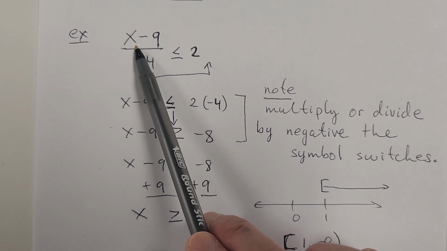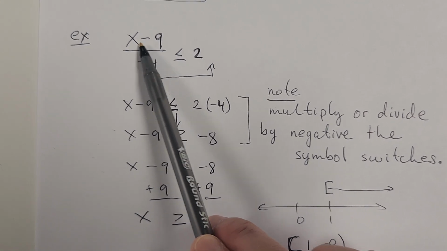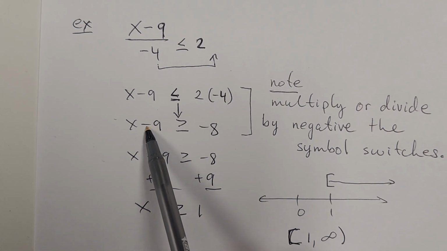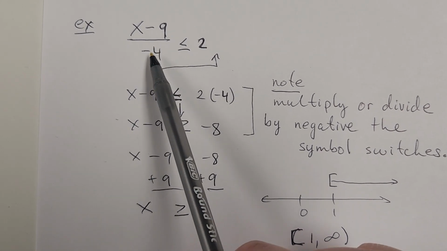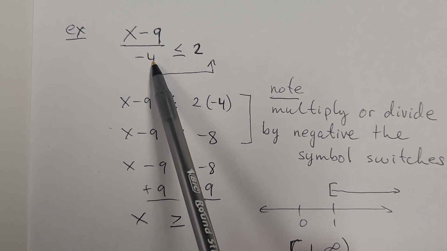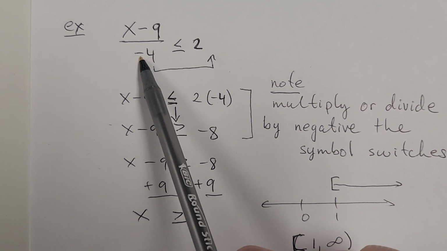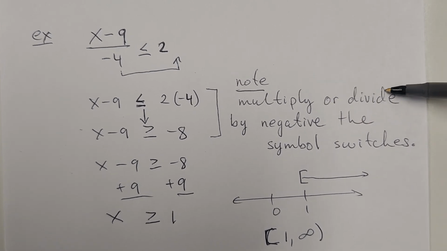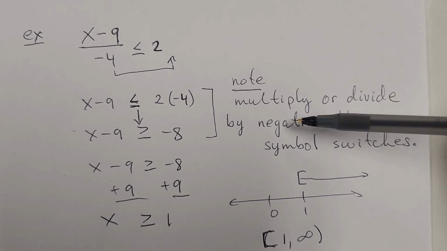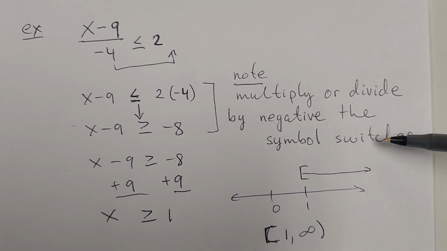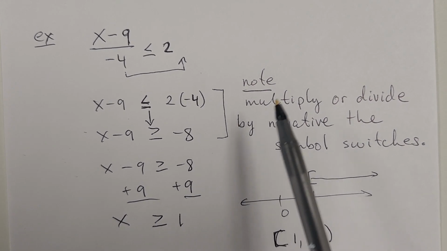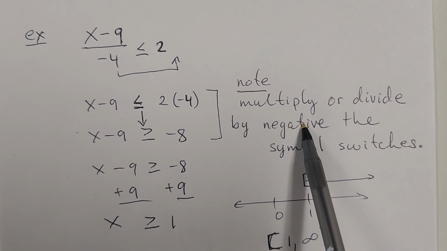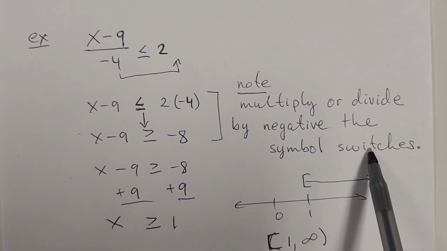I still have x and negative 9, so bring down the x minus 9. However, I multiply not just by a 4, but by a negative. So note, when you multiply or divide by a negative, the symbol switches.